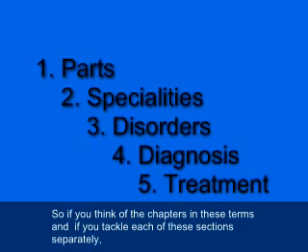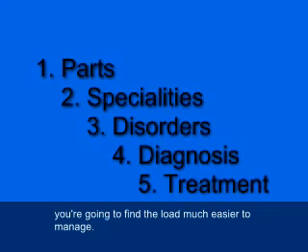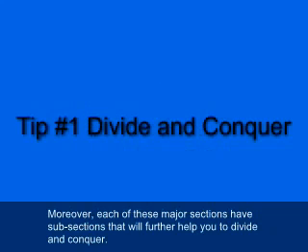So if you think of the chapters in these terms, and if you tackle each of these sections separately, you're going to find the load much easier to manage. Moreover, each of these major sections has subsections that will further help you to divide and conquer.